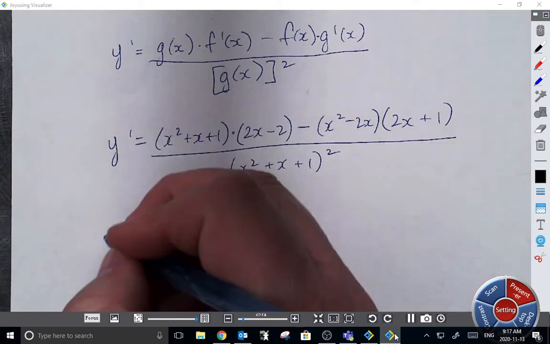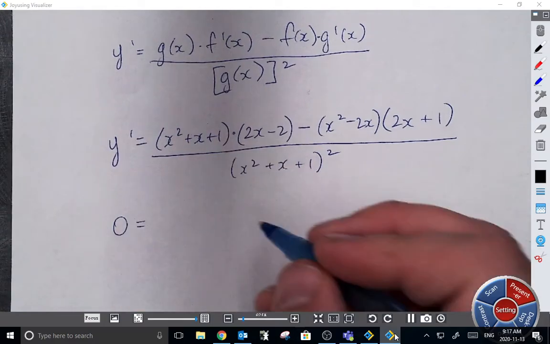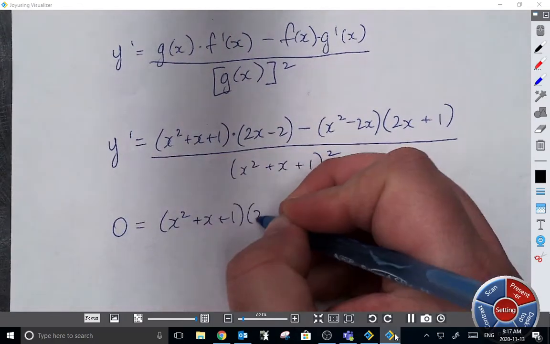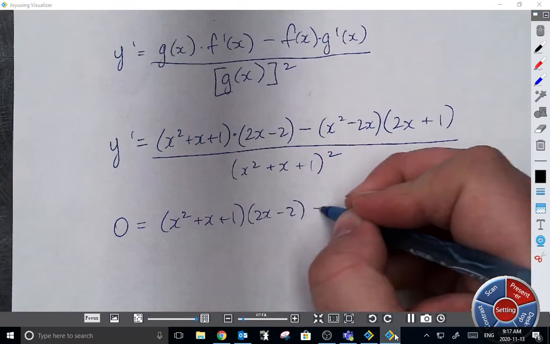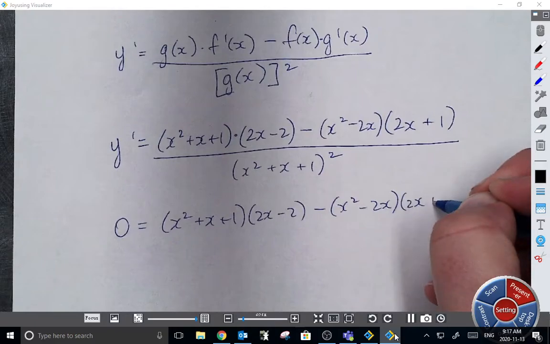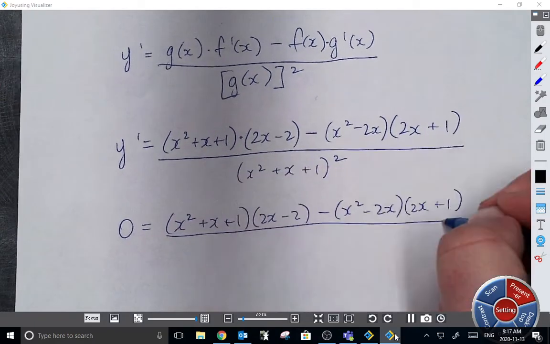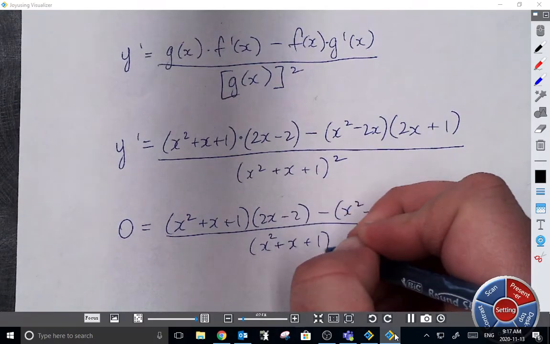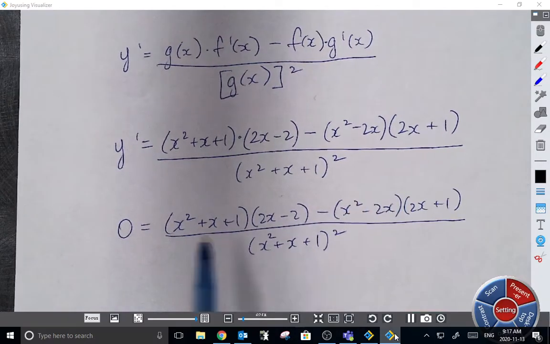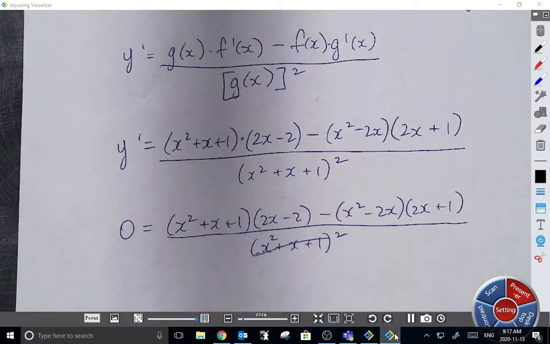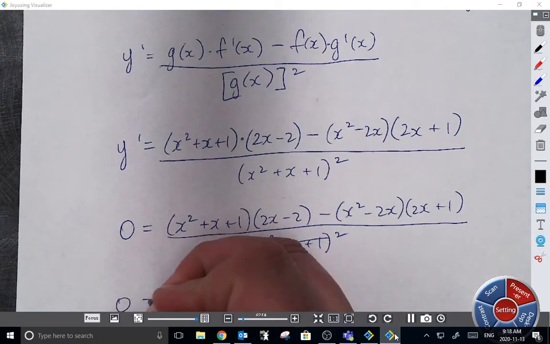In fact, I could even put that in right now. 0 is equal to x squared plus x plus 1 times 2x minus 2 minus x squared minus 2x times 2x plus 1 all over that denominator. And now if I times both sides of the equation by the denominator, it cancels on this side, and 0 times anything is still 0. So there we go. Denominator is dealt with.